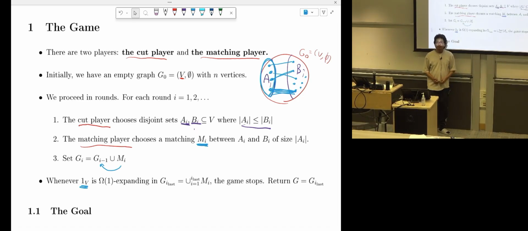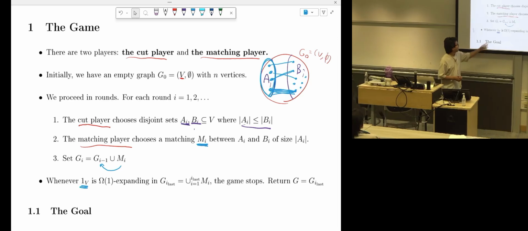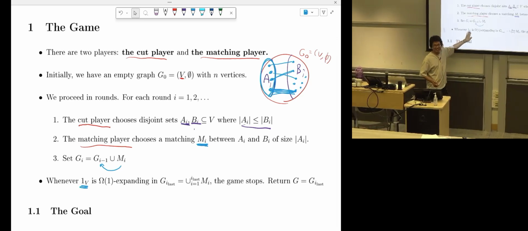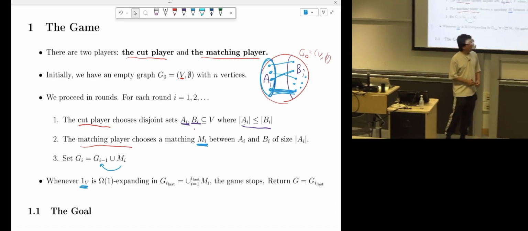The node weighting is just, it's kind of like the indicator, every node is 1? Yeah, every node is 1. This is 1 vector, when every node has weight 1. Also, does the matching player just choose arbitrarily, we assume? So kind of at random? Yeah. Think of the matching player as adversarial.